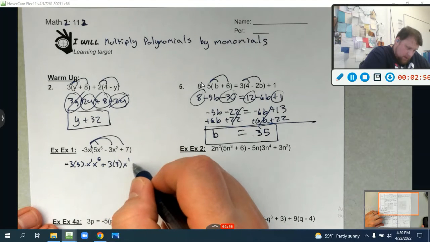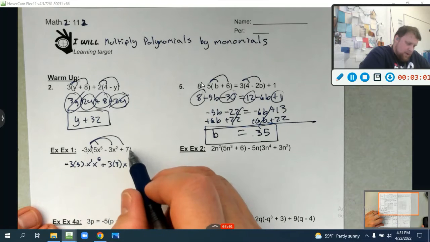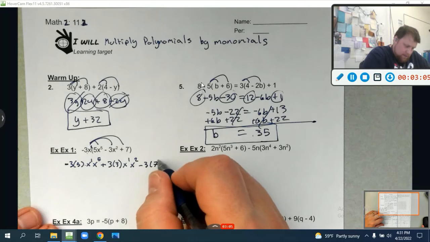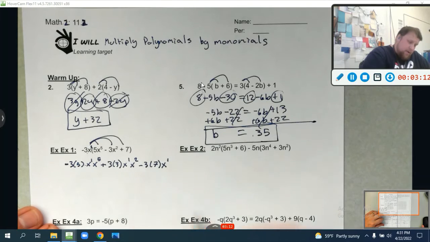X to the 1 times x to the 2nd power. And then when I do negative 3x times 7, it's going to be negative 3 times 7. And plus an x on the other side to the 1 power.